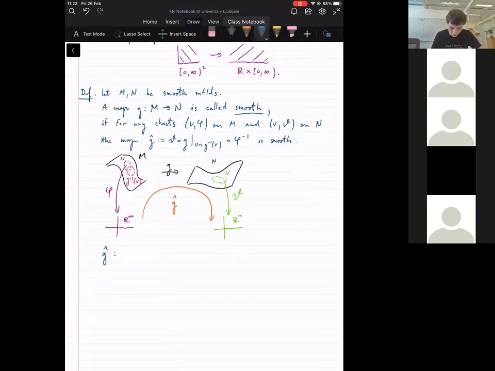G hat is a map, we are declaring it just now, that goes from the subset of the Euclidean space R to the power of m, and this is now U cap G inverse of V. And it must go to R to the power of n.